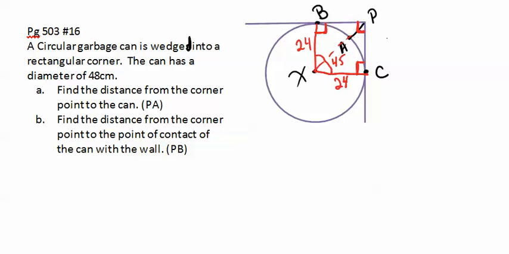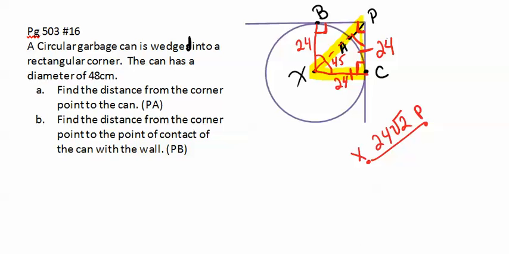And since this is 45 and that's 90, this will also have to be 45 degrees, meaning that this side and this side are congruent. So this will have to be 24. And if we look at this rectangle in here, we have 45, 45, 90, which means that based on the proportions, PX would actually have to be 24 square root of 2 for that full length.